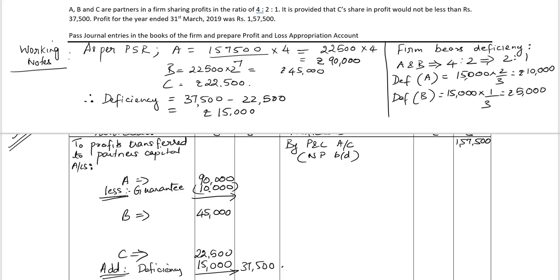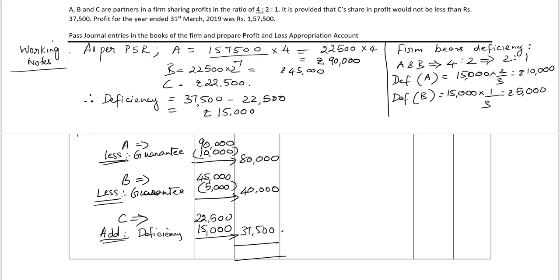So I take rupees 80,000 to the outer column and for B I'll subtract his guarantee of rupees 5,000 and take 40,000 rupees to the outer column.